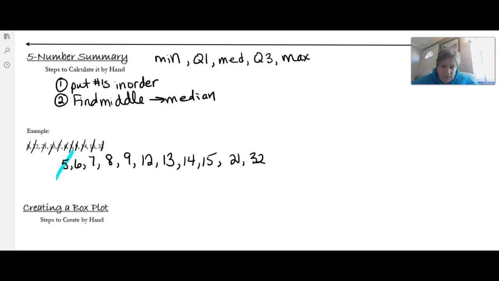So one on the left, one on the right, left, right. And so now I have 5 there, 5 there, so that means this is my median. Okay? And actually the highlights aren't going to throw us off, so I'm going to keep them there.